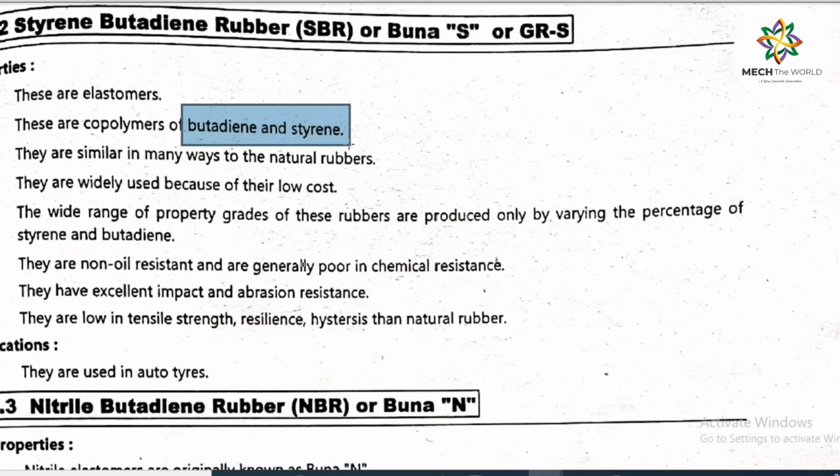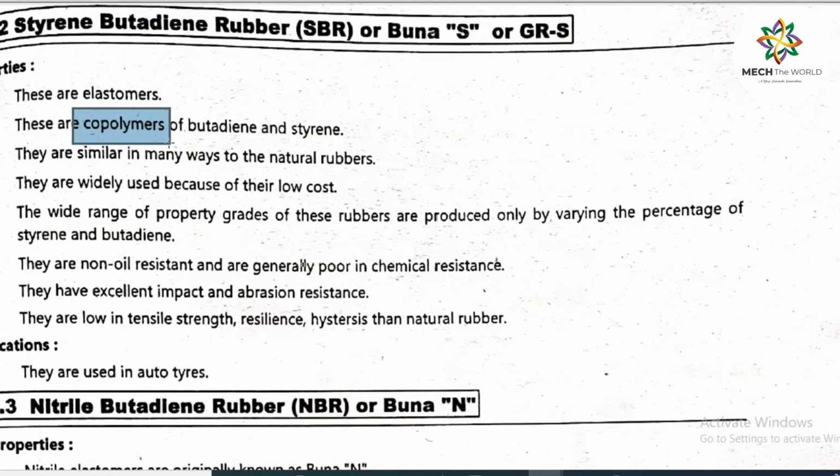Both of these compounds are mixed together to make a copolymer, just like we studied alloys in the previous chapters. In case of metals, if we mix two or more metals, that mixture is called an alloy.